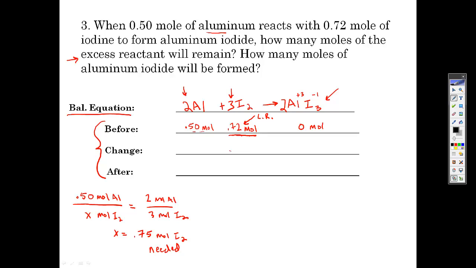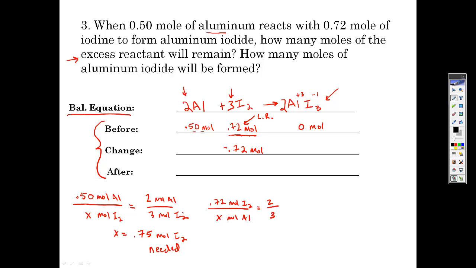If I'm going to react all of my iodine, how much aluminum am I going to react? Well, if I'm going to react 0.72 moles of iodine, I want to know how many moles of aluminum that's going to be if I keep my ratio of 2 to 3 from my reactants. I'm just going to do a quick bit of math on my trusty old iPhone here.